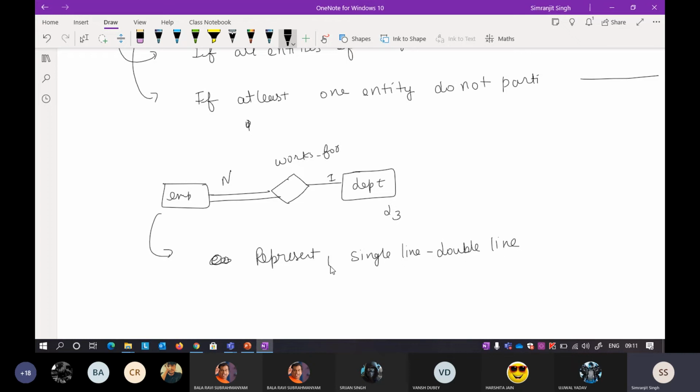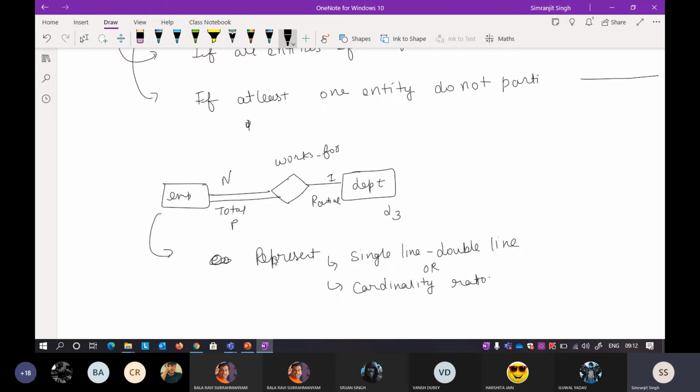There is another name for it, cardinality ratio, and you can use both names. Cardinality ratio is where n to n is given, and single line, double line can also be used because we are showing total participation and partial participation. So here this is a total participation, and from here this is a partial participation.